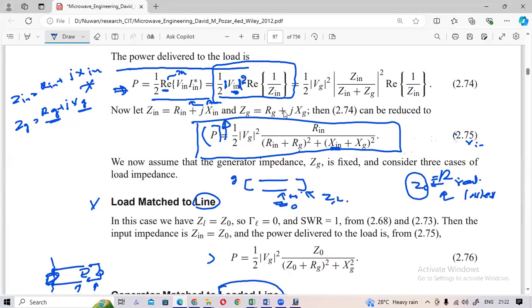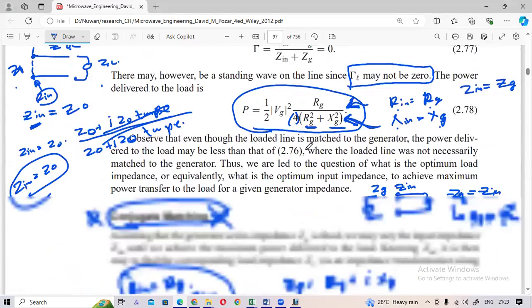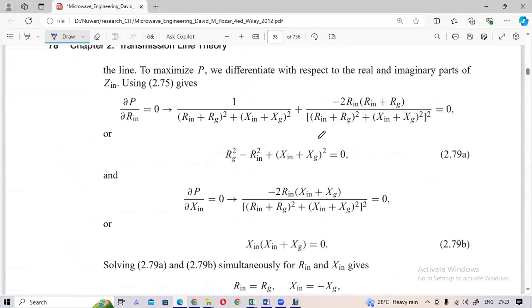So how can we find the maximum and minimum? You need to take the derivative and set it equal to zero. Then you can get maxima and minima. Here the same thing is done. They differentiate to maximize it and set it equal to zero.